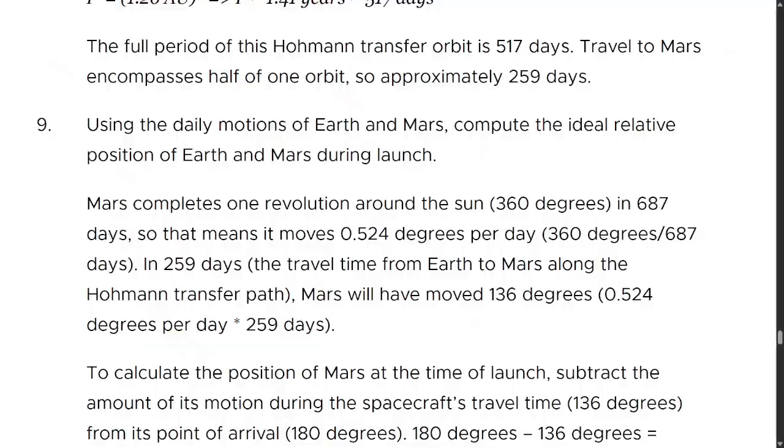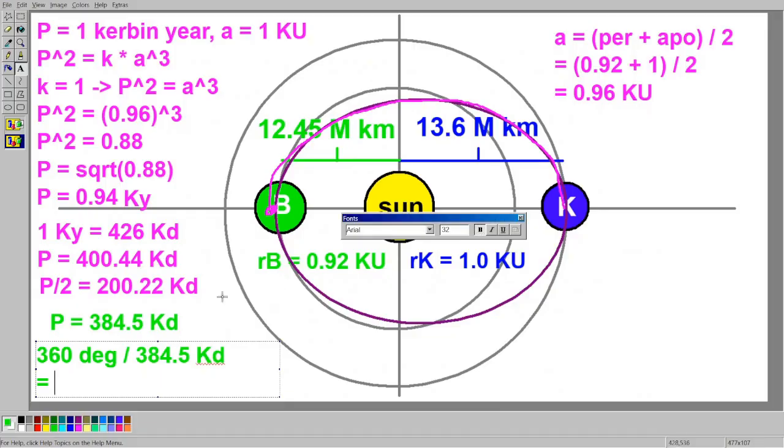Wait, am I doing this correctly? Okay, yeah. 360 degrees divided by 384.5 is equal to 0.93694 degrees per Kerbal day, right?